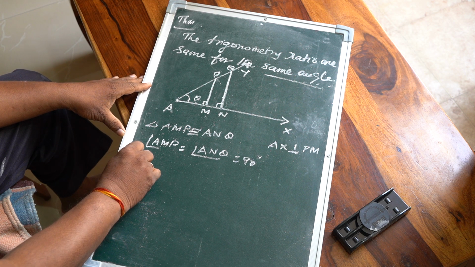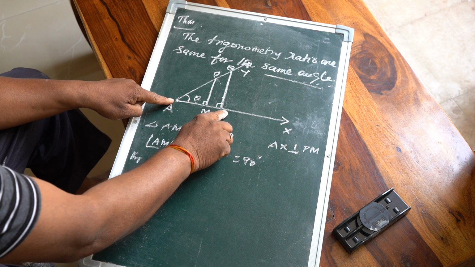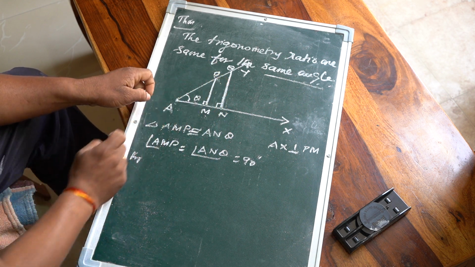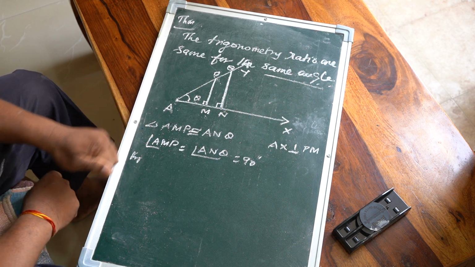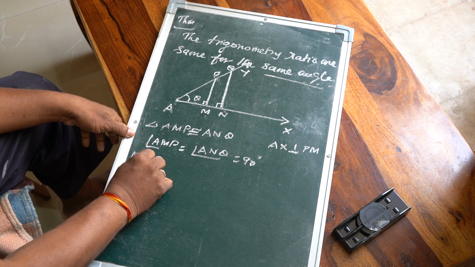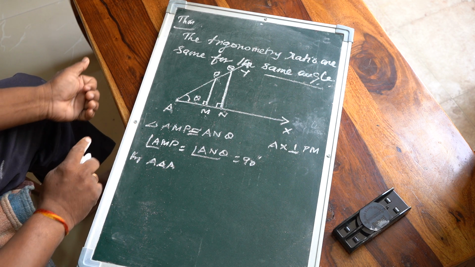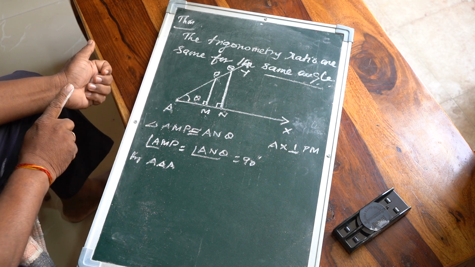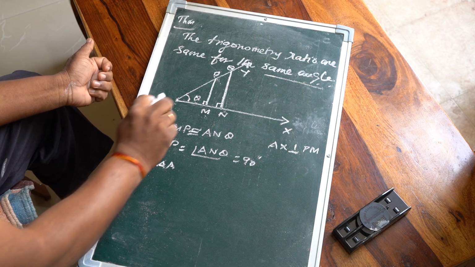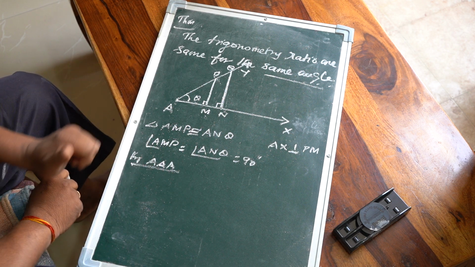And similarly, the sides are proportional. So now, by the AA criterion, this is an angle, this is also the same angle, this is also an angle. So this is the AAA criterion.